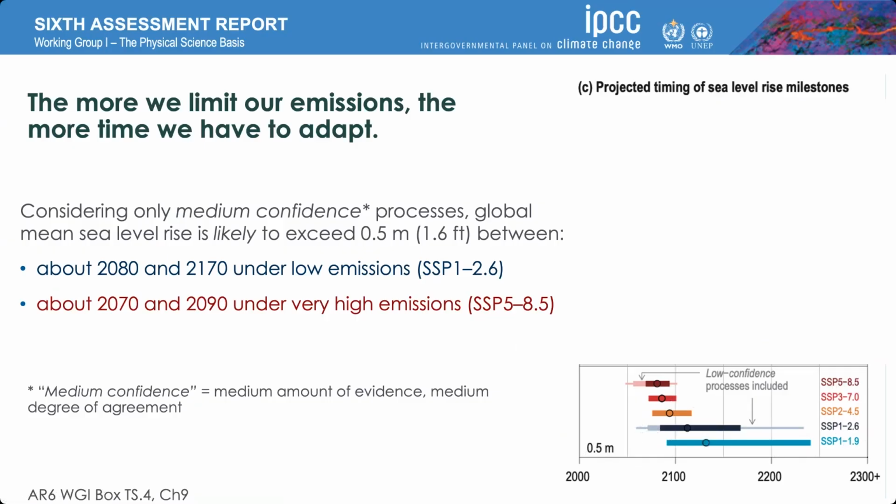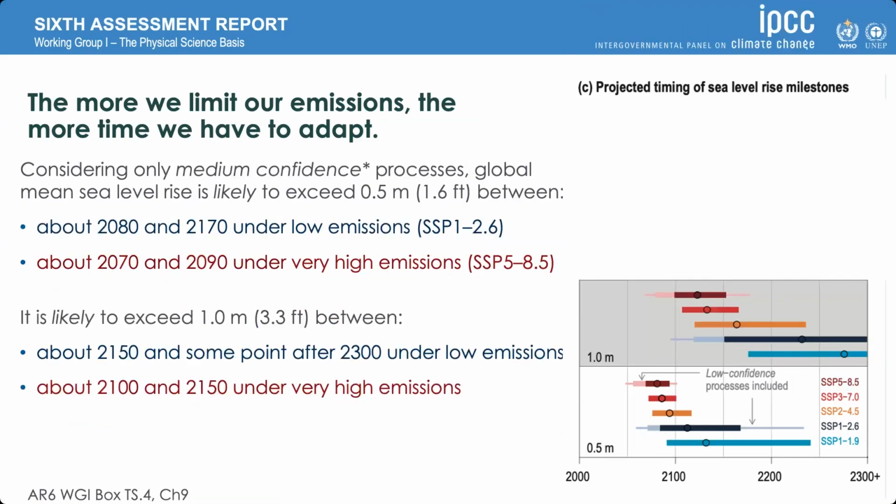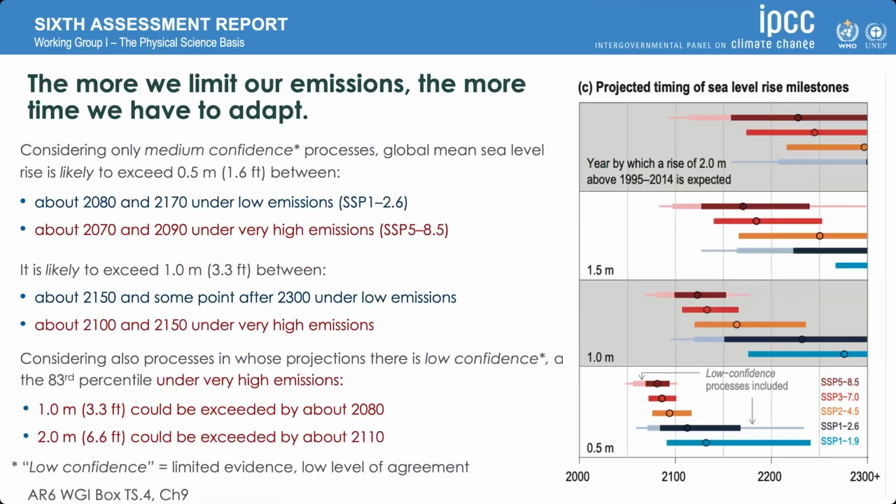So considering only medium confidence processes, global mean sea level rise is likely to exceed half a meter between about 2080 and 2170 under low emissions, SSP1-2.6, and between about 2070 and 2090 under very high emissions, and is likely to exceed 1 meter between about 2150 and sometime after 2300 under low emissions, and between about 2100 and 2150 under very high emissions.